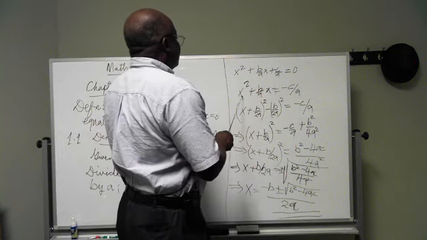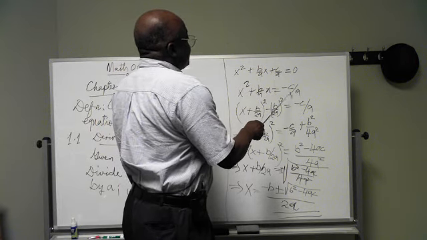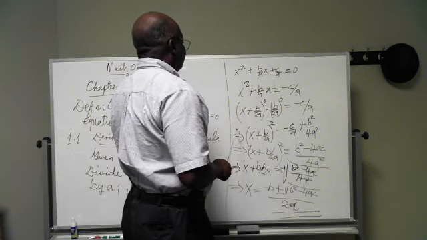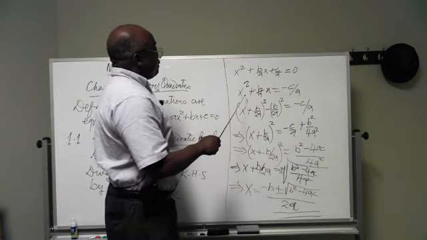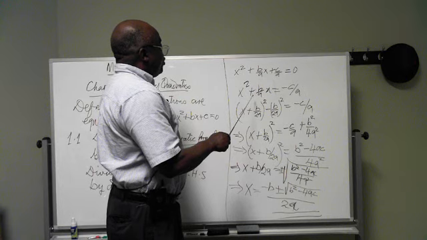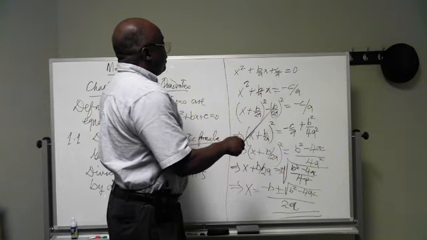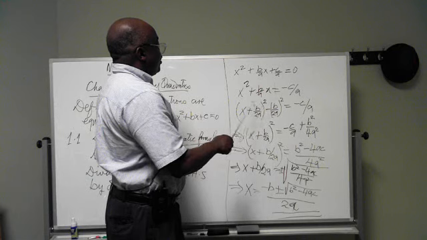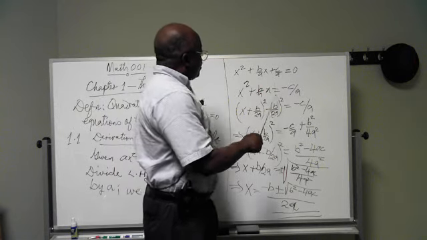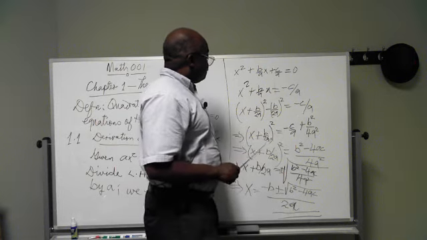This will give us x squared plus b over a x equals minus c over a. Transforming the left hand side into a perfect square and deducting b over 2a all squared will result in x plus b over 2a all squared minus the square of b over 2a equals minus c over a.